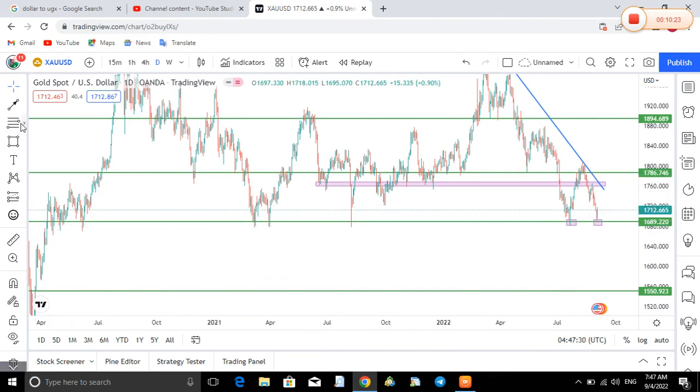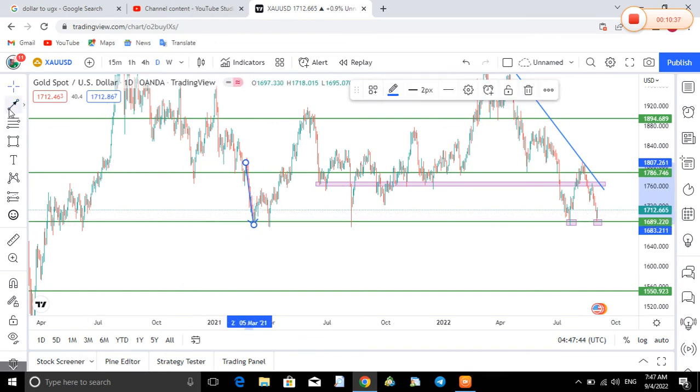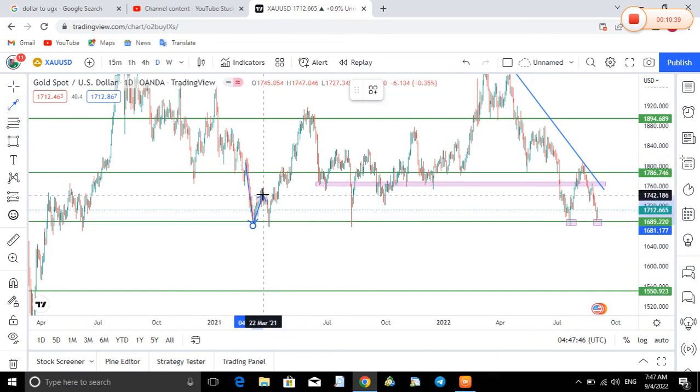Now, like we told you, the market keeps on repeating itself. If we're trying to see a clear picture here, we can clearly see that we had a double bottom on the same level.